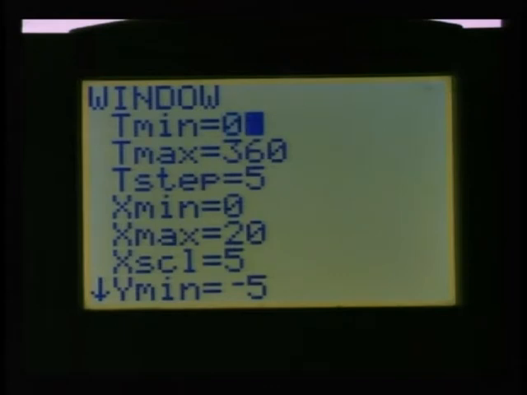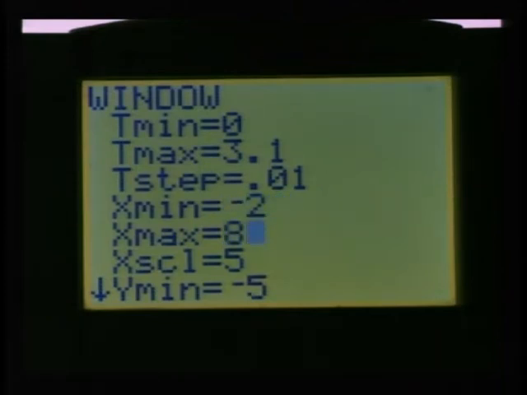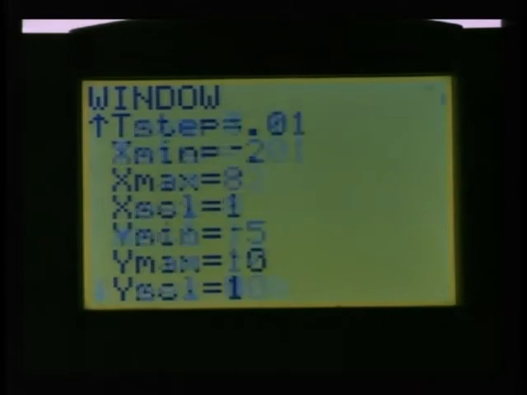So if I let it go from 0 to 3.1 seconds and let the step be every 100th of a second, and then set up a viewing window that will fit this flight path, -2 to 8. You can just jot these numbers down in a list and then go home and duplicate this if you wish. -5 to 10 and scaling on 2.